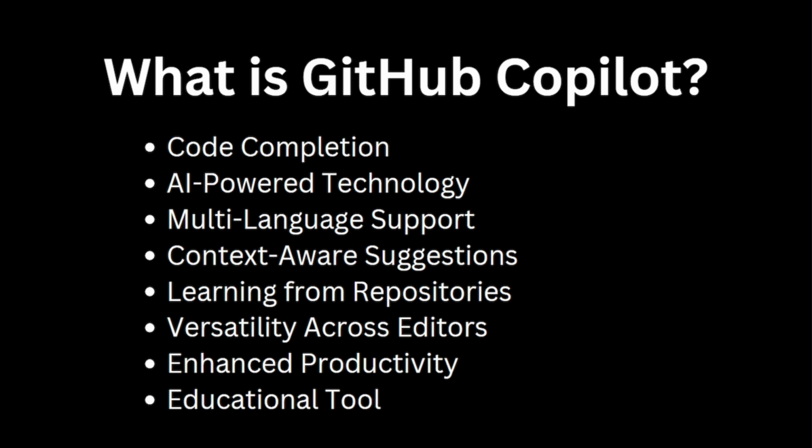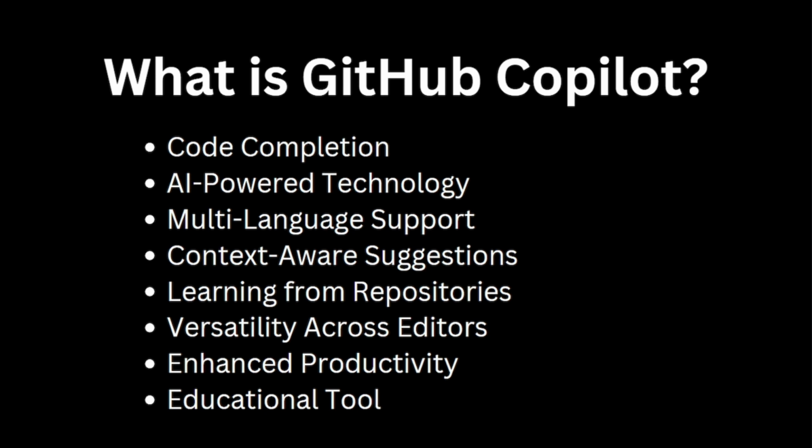Also, GitHub Copilot enhances our productivity. It boosts our productivity by accelerating the code writing process, and is especially useful for rapid prototyping, where quick generation of functional code is crucial.